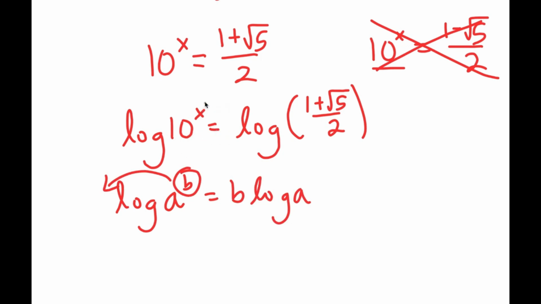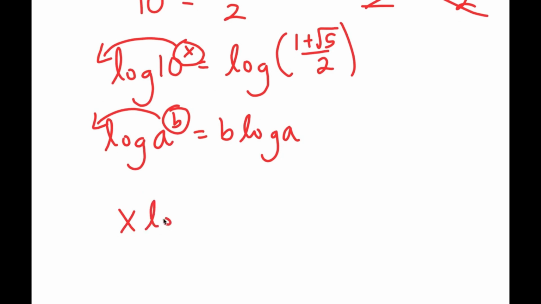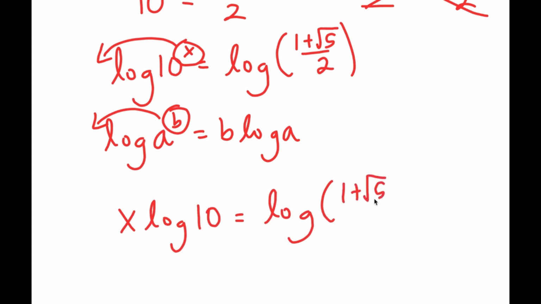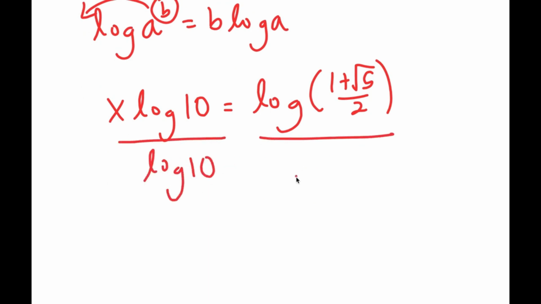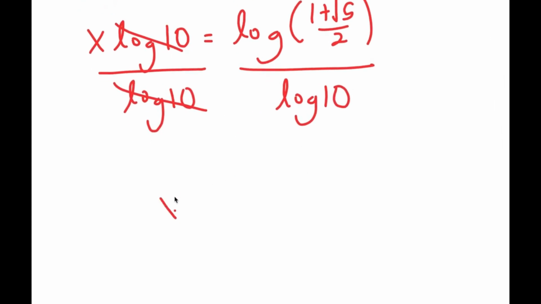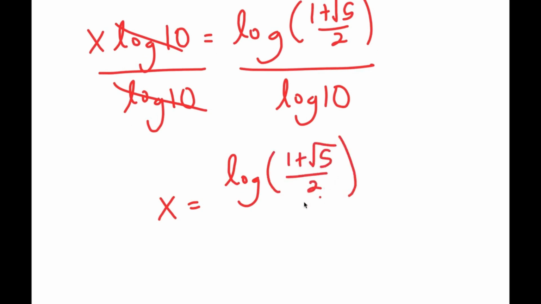So now I have log 10 to the power of x, which I can move x to the front, so I get x times log 10 is equal to log of 1 plus the square root of 5 over 2. And now I'm going to divide both sides by log 10. So then these two cancel out, and I get x is equal to log of 1 plus the square root of 5 over 2, over log 10.